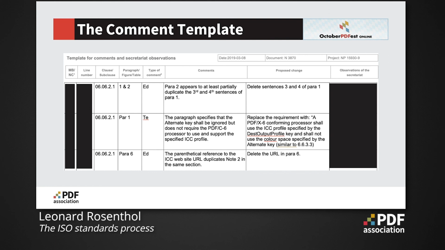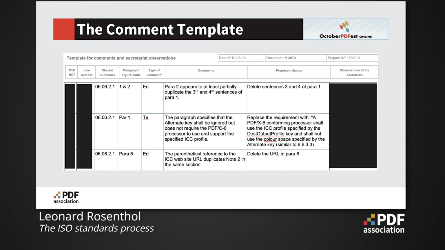That's an editorial change. On the other hand, in the second line, they actually wanted a replacement of the requirement. They wanted to replace the requirement with a different requirement. Because changing a requirement is what's called normative, it's technical. So if you change a requirement, that's a technical change, and you refer to that as a TE comment.